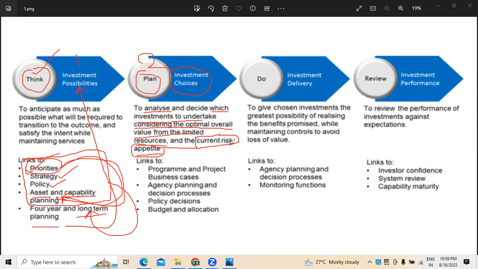But once it crosses that age, once it comes to 35 plus, 40 or more, whatever investments we are making, whatever choices we are making, the current risk appetite will be lesser. Will you agree on this point or not? Yes, agreed. Why?